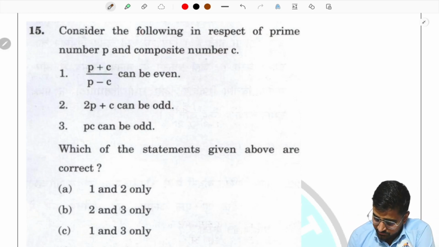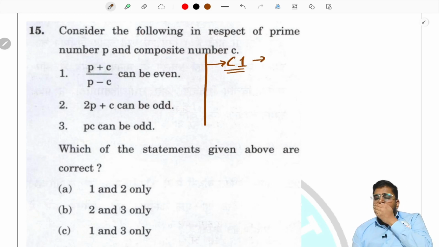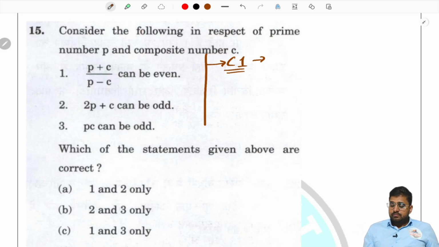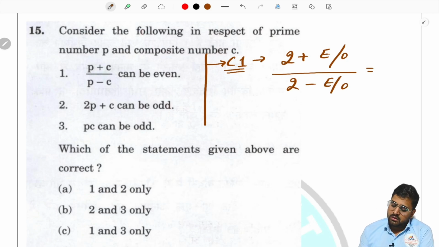So we have some conditions. Condition 1. In condition 1, if P is even, which is basically 2, let me write 2 only. And C could be even and could be odd: 2 plus even, 2 minus even, and 2 plus odd, 2 minus odd.